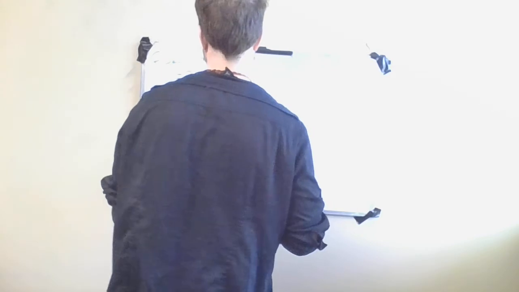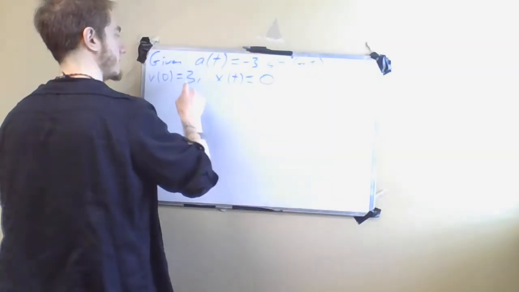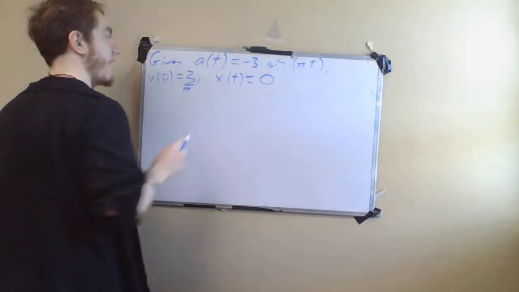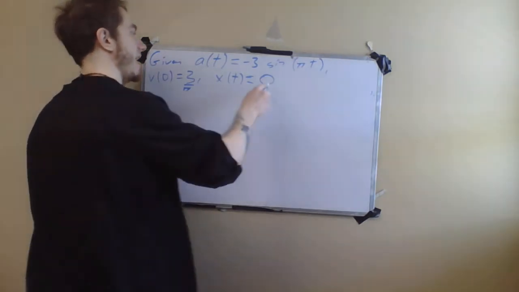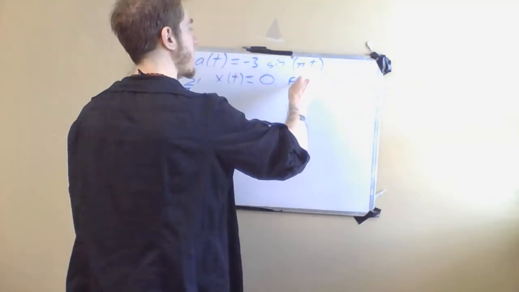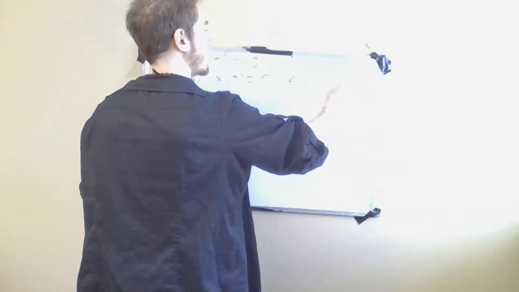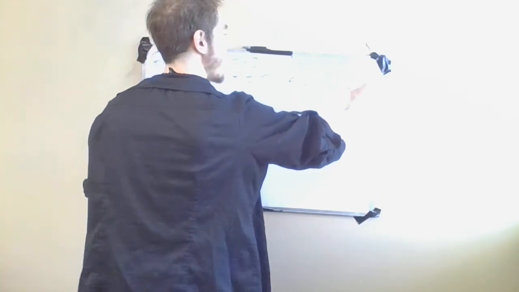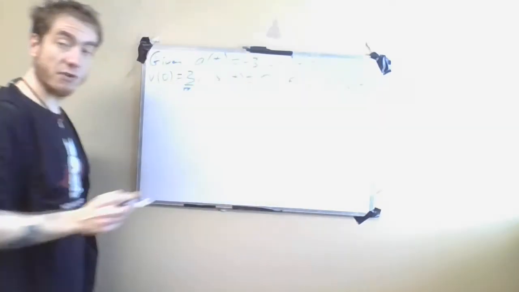Actually, let's make the velocity 3 over pi. I think that will work out nicely. And we want to find the velocity and x of t as functions of time.